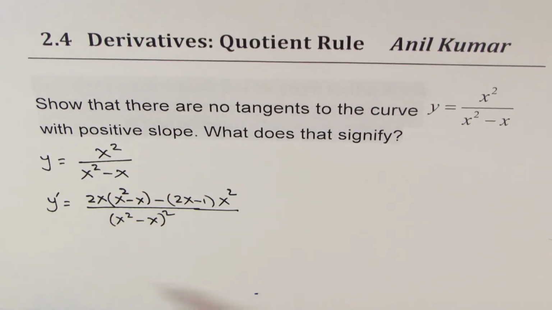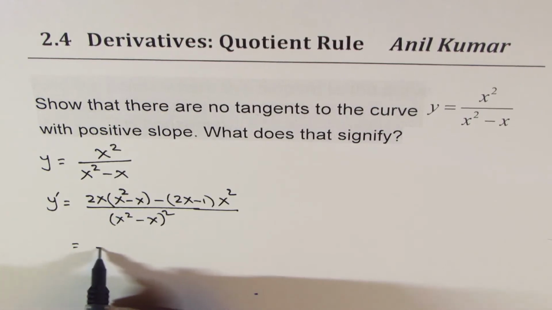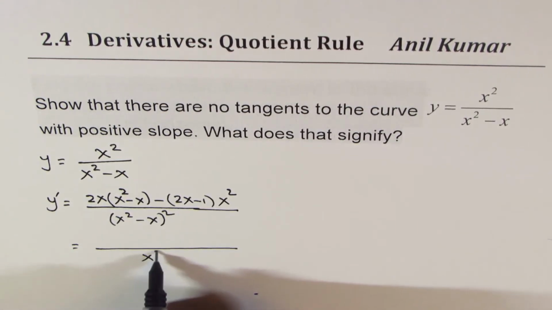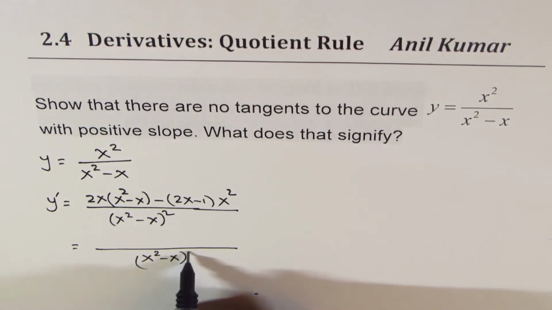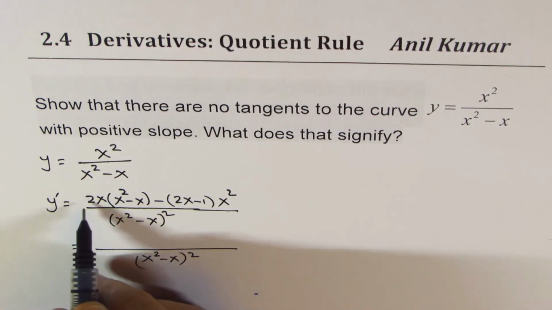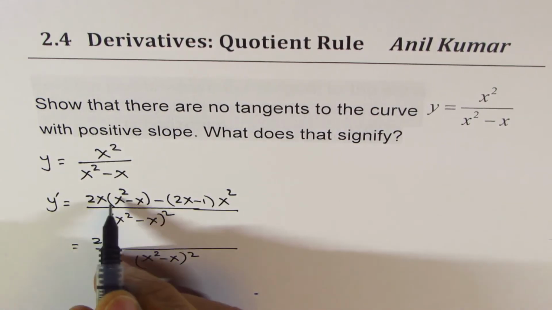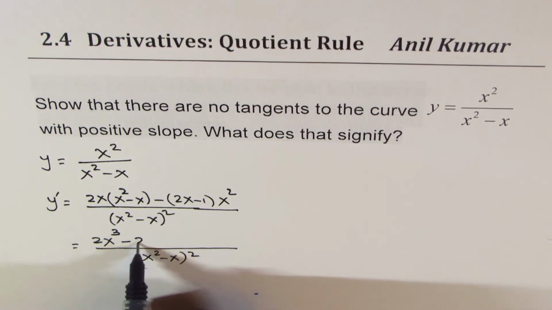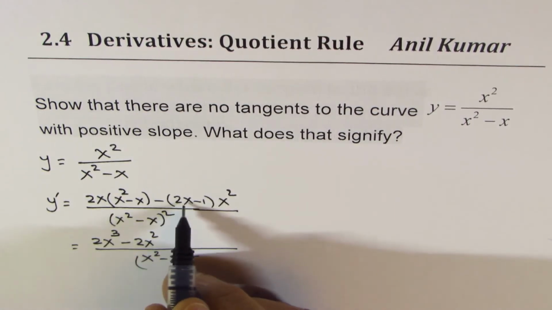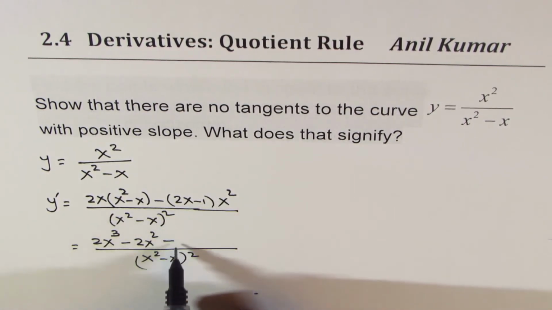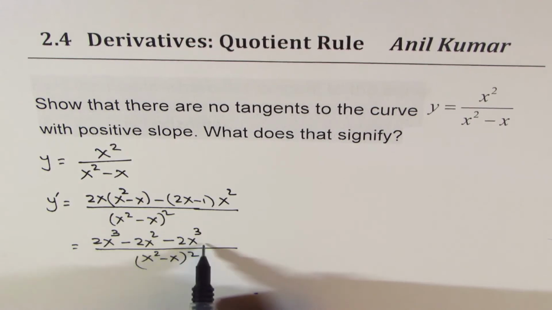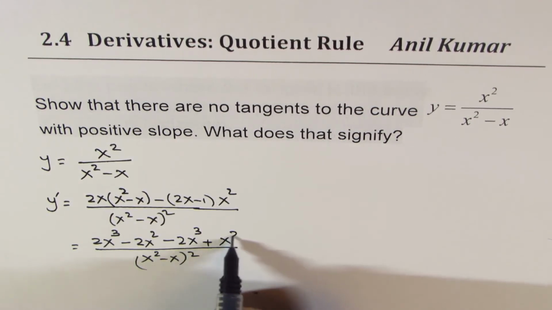So that becomes the derivative. Let us simplify this. We get x square minus x whole square. In the numerator, it is 2x cubed minus 2x square. When you open this up, you get minus 2x cubed plus x square, right?